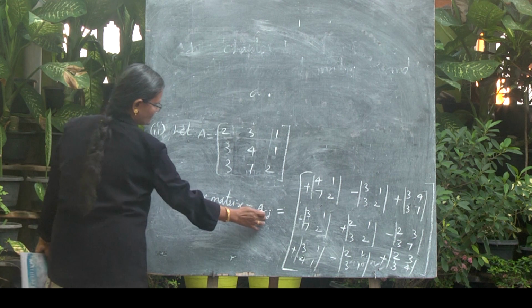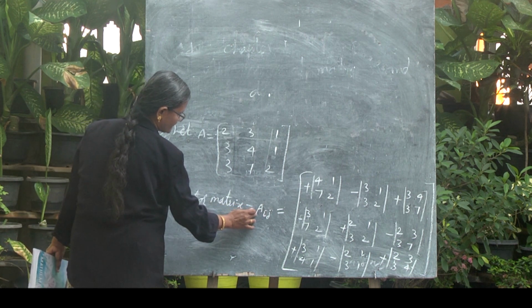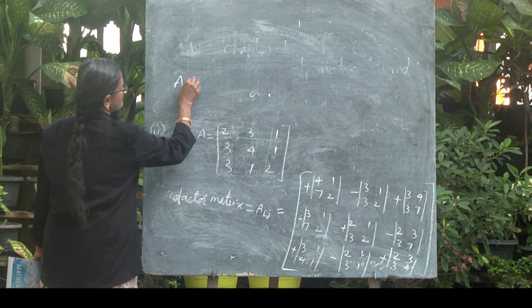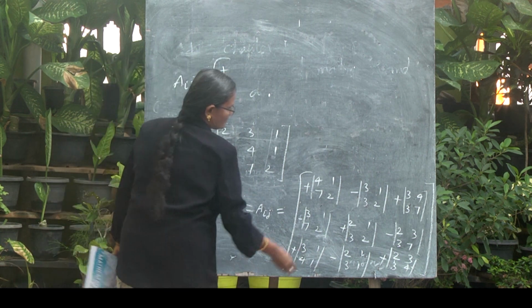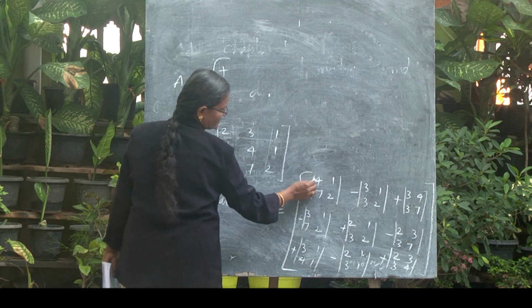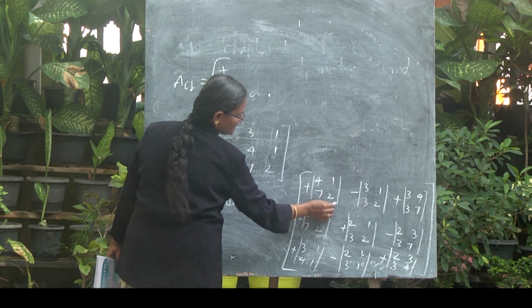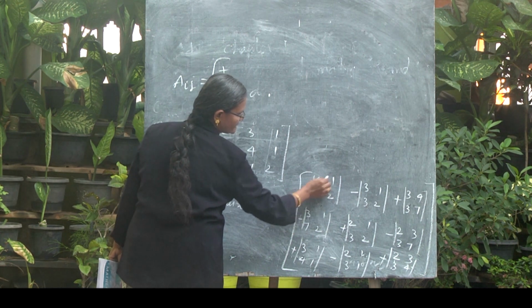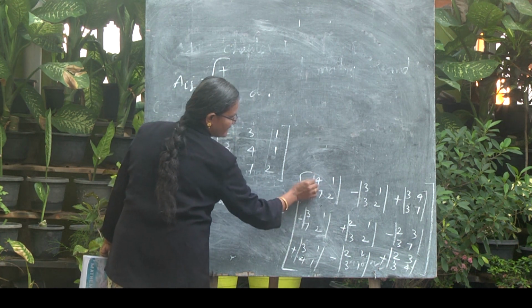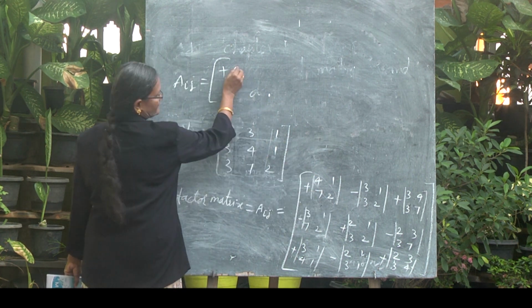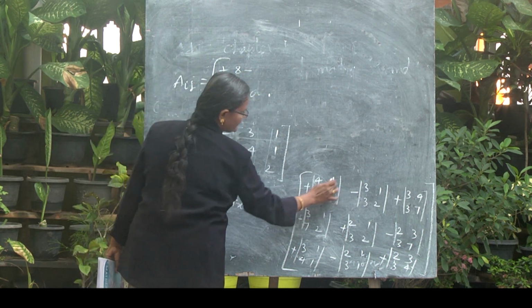Now Aij, what is the other element of the cofactor matrix? Aij is equal to plus, simplifying the determinant value: product of the leading diagonal elements, then minus the product of the other diagonal elements. Product of the main diagonal elements, 4 into 2 is 8, then minus of other diagonal elements, 7.